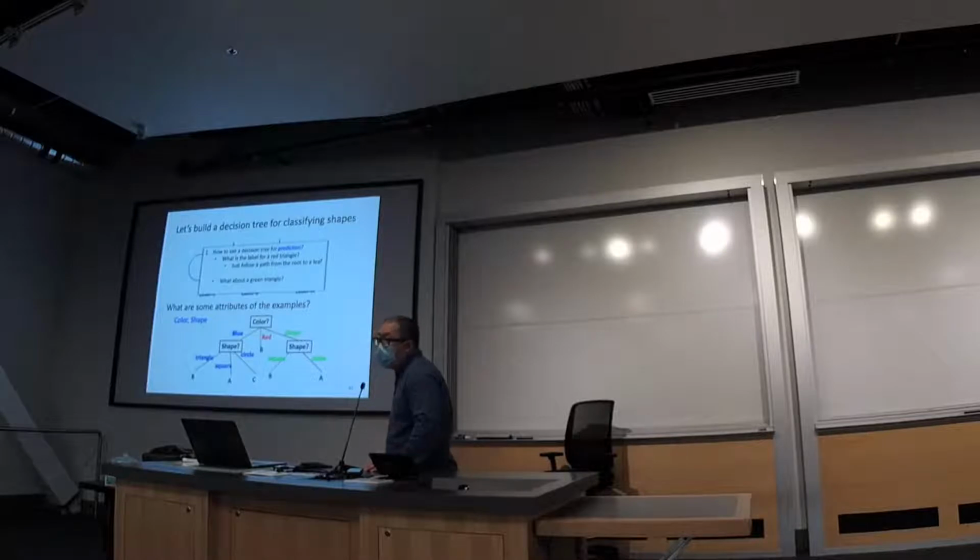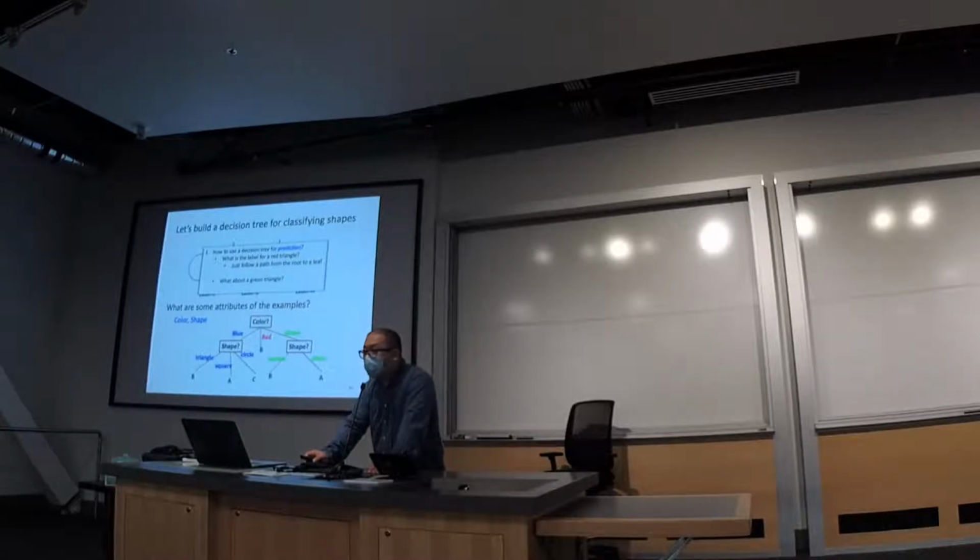So the problem of the manually constructed tree we did a minute ago is that the tree is not complete. It cannot guarantee that it can give a prediction for every possible test example.